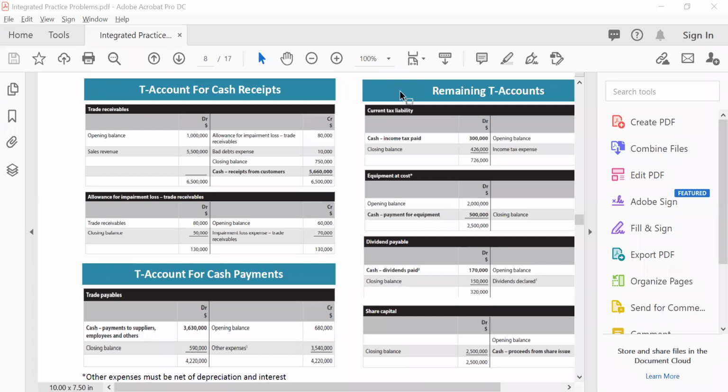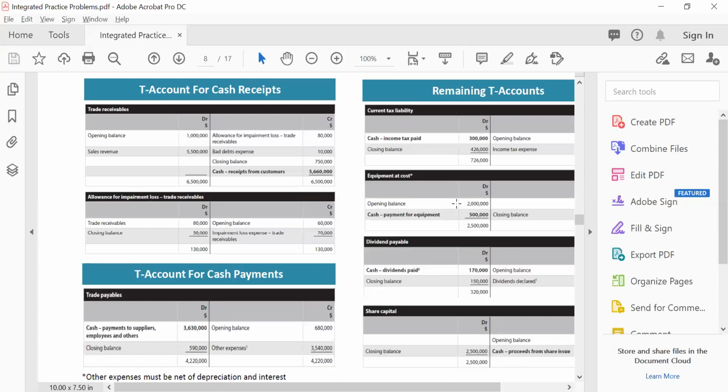So again, if we think about our example here, like this equipment at cost, this is ultimately an asset. Okay, so we know that most asset accounts will generally be denoted on the debit side, because assets are usually positive numbers, and positive numbers mean that they exist, right?